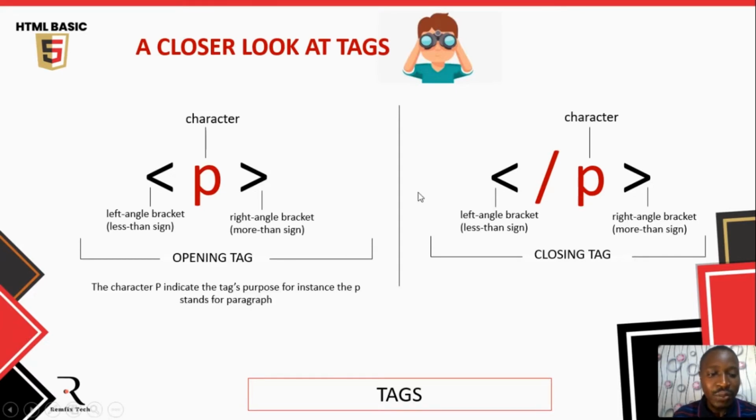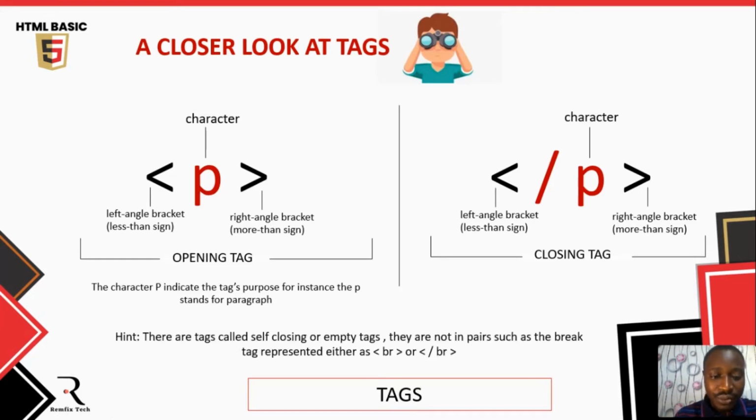Alright, so the character P indicates the tag's purpose. For instance, the P stands for what? The paragraph. So let's say this is an H1, it will stand for a heading, right? So that's what the P stands for here. It stands for a paragraph. And also we have other tags which are called self-closing or empty tags. Now these tags are not in pairs, they are just single tags.